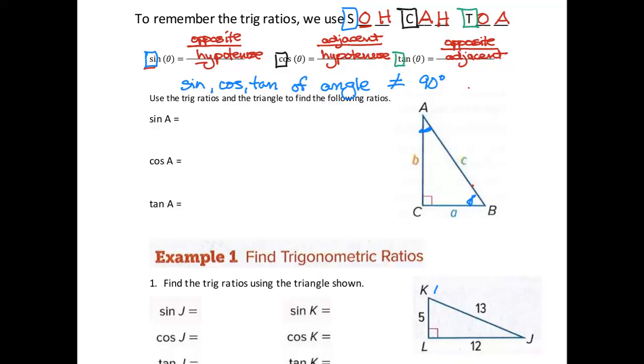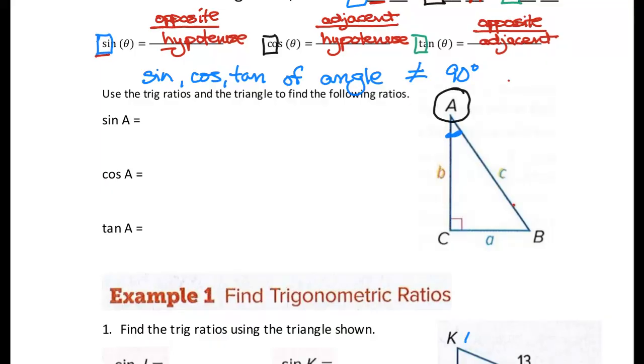Okay? All right. So as I look at this, the sine of angle A. So we're using angle A in this example. So I'm going to go ahead and erase this at B. Sine goes with the word SOH. So I'm looking for the opposite side over the hypotenuse.